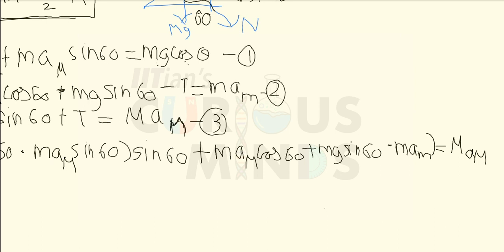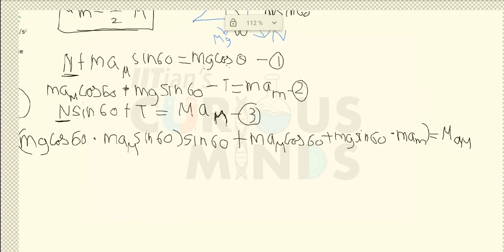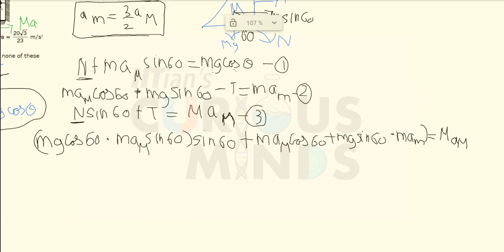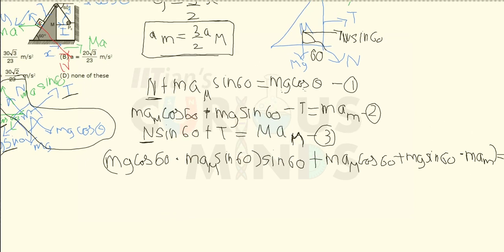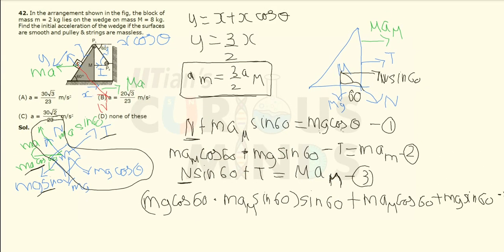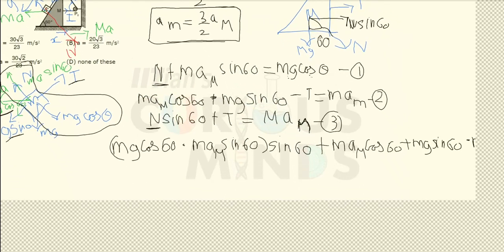Now I will substitute the values directly. I will zoom out a little bit. Small m is given as 2 kg and the larger mass is given as 8 kg.